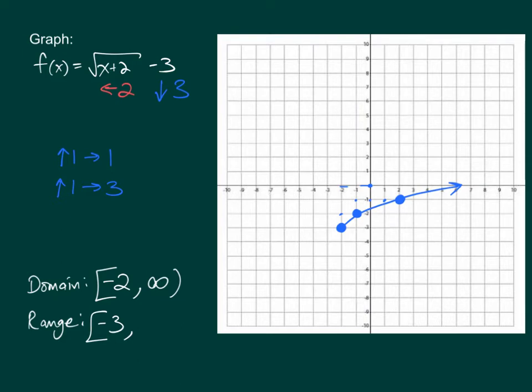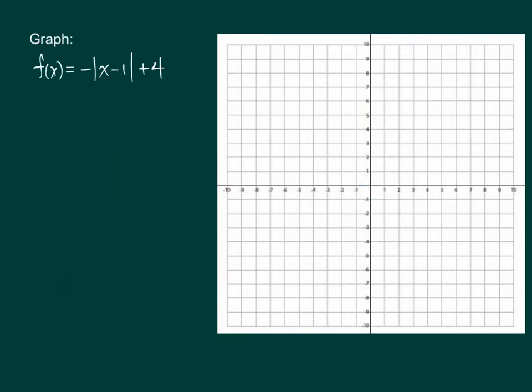And not only does this arrow tell us to go to the right forever, it's also telling us to go up forever. So the range tells us how low do you start, how high do you go. So it'll go up forever, which means this will be infinity. So here is your graph, and here are the domain and range.